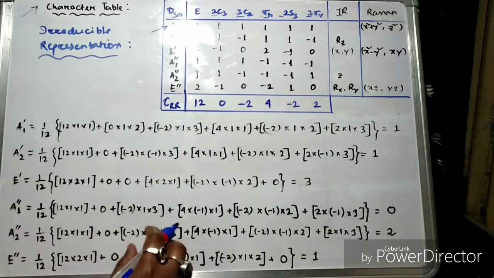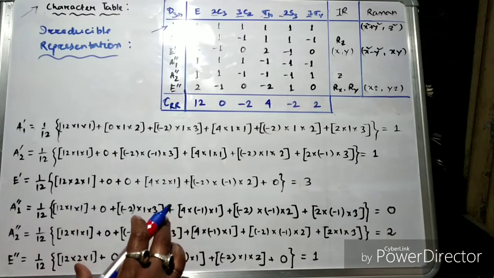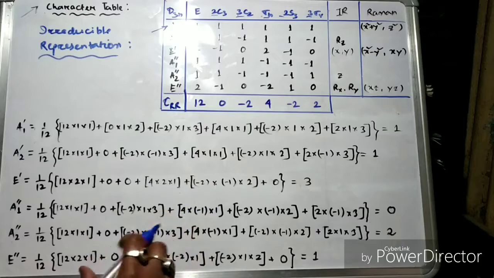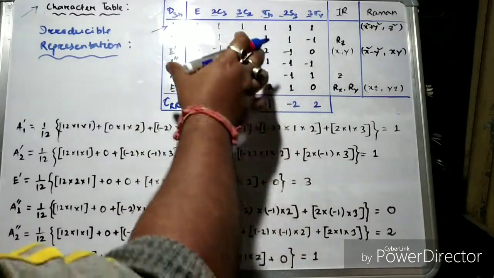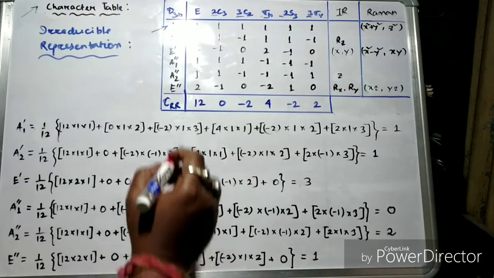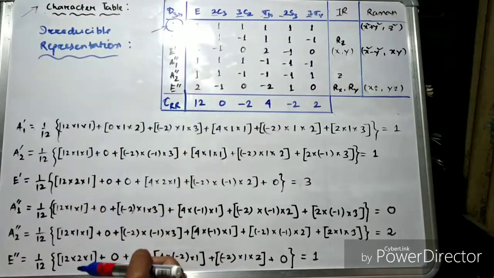After finding the reducible representation for this character table, now we have to find out the irreducible representations. Before finding the irreducible representation, we will simply write the reducible representation under this character table. First of all we will find out the irreducible representation for this Mulliken symbol A1 dash.